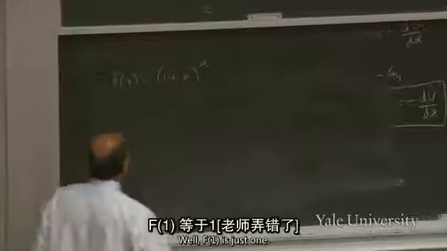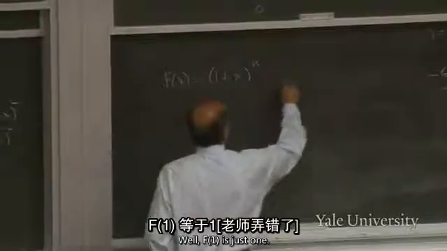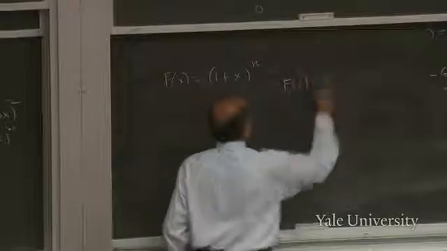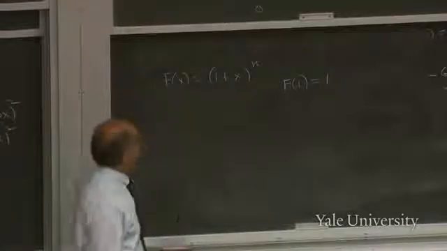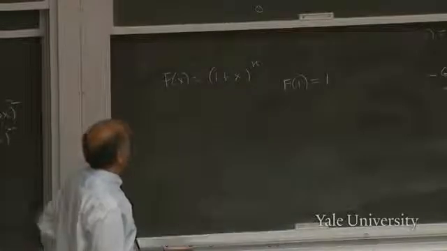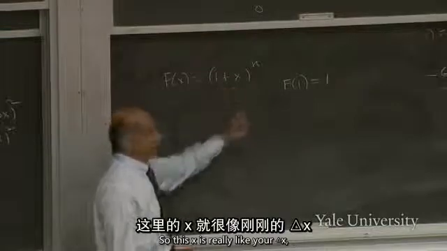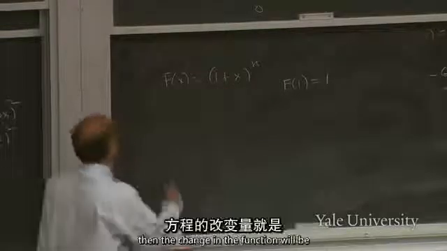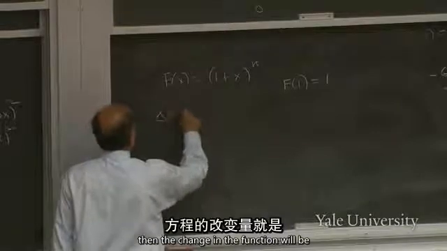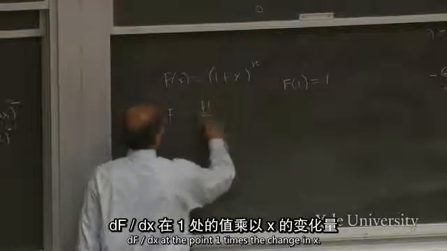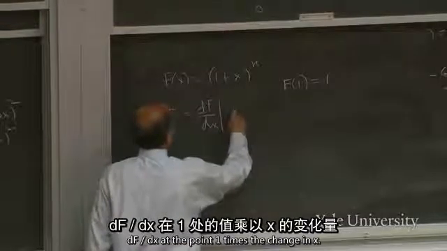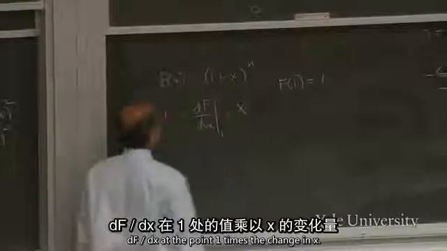Well, f of 1 is just 1. Suppose you go to a nearby point which is x away from the point 1. So this x is really like your delta x. Then the change in the function will be df dx at the point 1 times the change in x.